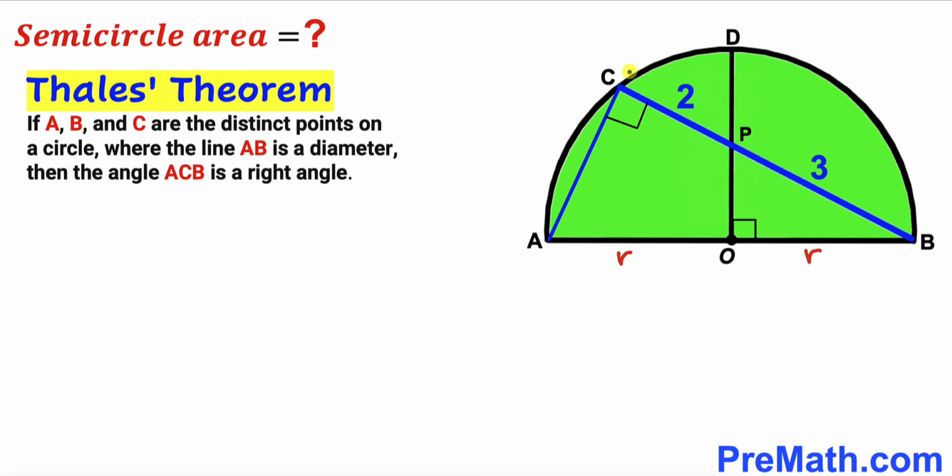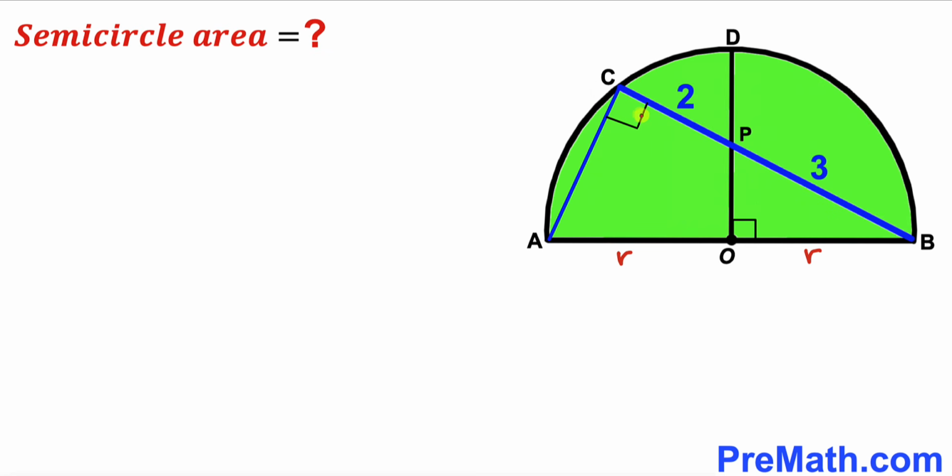So angle ACB has to be 90 degrees, since A, B and C are points on the same semicircle and AB is the diameter. Thus we end up with right triangle ABC.